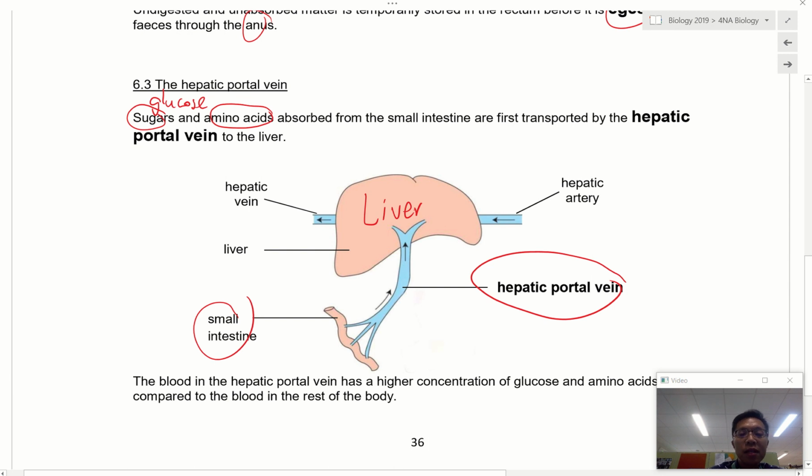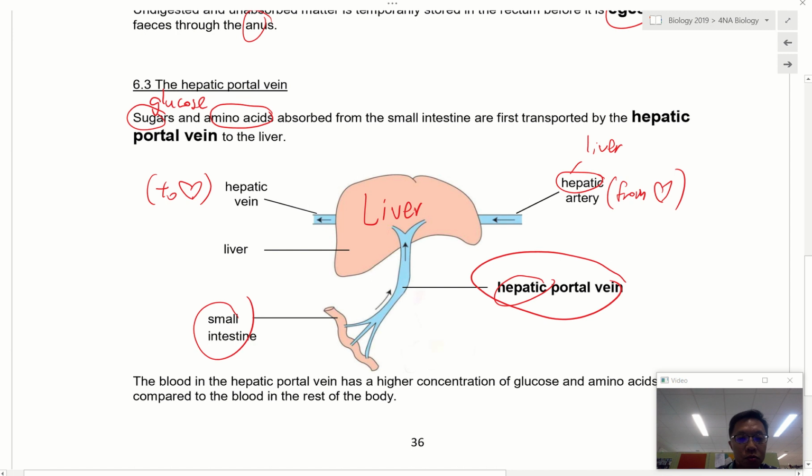Over here, let's elaborate a little bit more on the diagram. You see the words hepatic artery, hepatic portal vein, hepatic vein. Hepatic actually refers to the liver. Anything hepatic means liver. If you remember, any artery is from the heart, so the oxygenated blood comes from the heart to the liver through the hepatic artery, and the hepatic vein will send the blood back to the heart.